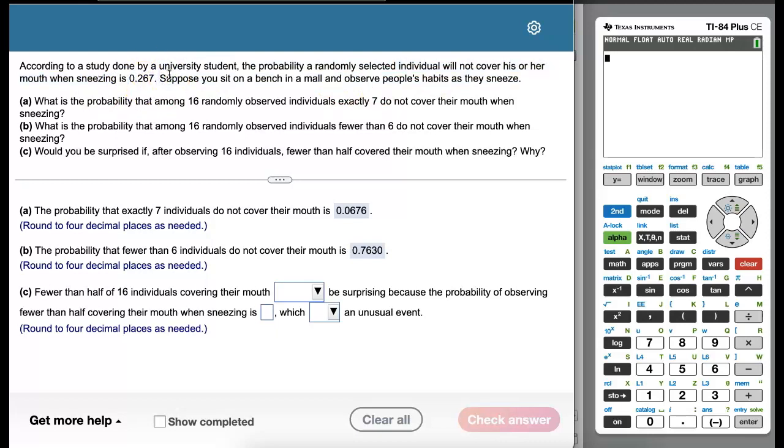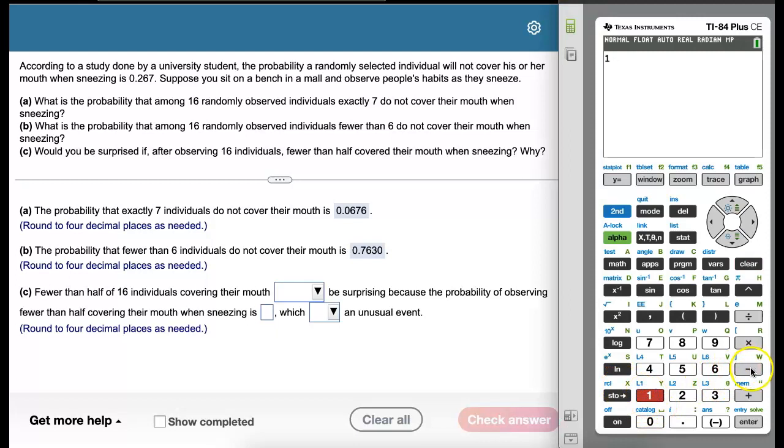So there's a couple of ways we could look at that. And I'm going to take what I would consider the simplest way, and change my probability of success to be interpreted as they cover their mouth. So if I find 1 minus 0.267, this is the probability that they cover their mouth, 0.733.